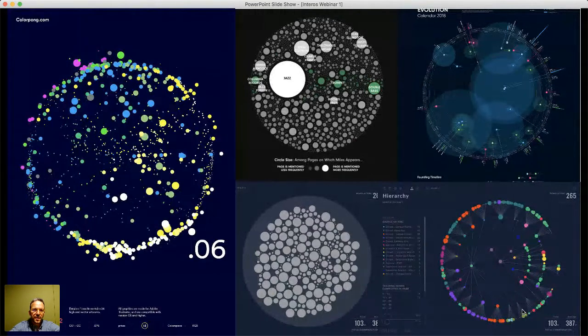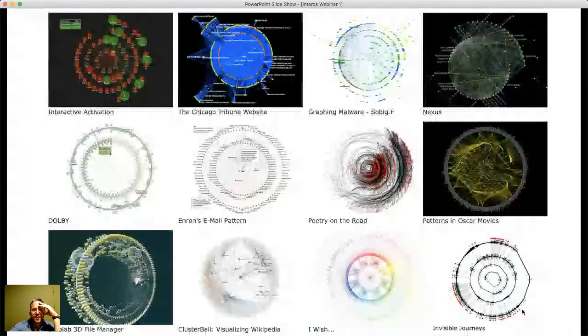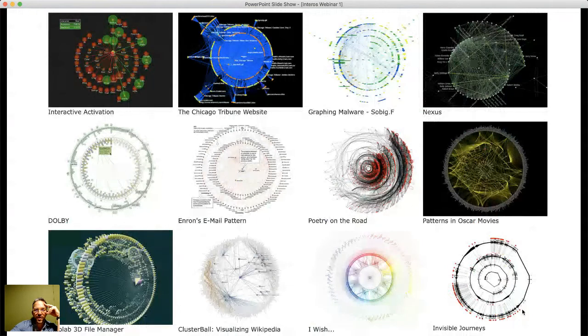But then, this also took me back to another research that I did on visual complexity, a really old website that I put together back in 2005, where I categorized different types of network visualizations. And one of them is this, which I think at the time I called a radial segmented network.